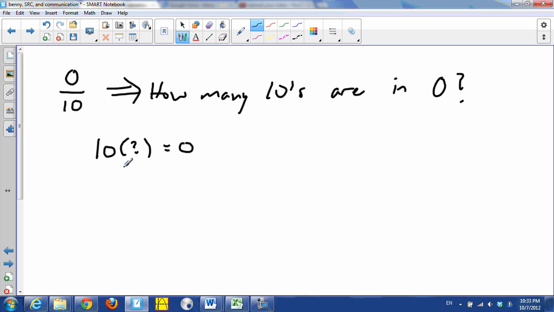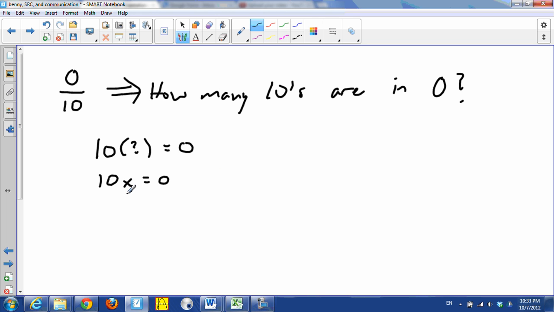Written algebraically, let's turn that question mark into x, just for those of you who haven't experienced algebra. We could write this way: 10 times x equals 0. 10 times what? How many? 10 times what equals 0? How many tens does it take to equal 0?